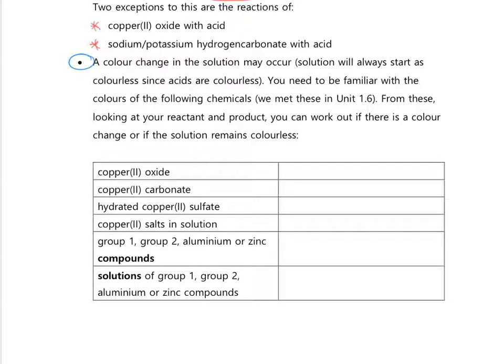But copper oxide, which we'll see later on as well, is black. It's a black solid. Copper carbonate, again we'll meet this later. But you should remember from Unit 1.6, it is a green solid. So those are the 2 copper compounds that don't fit the normal rule of copper salts being blue.